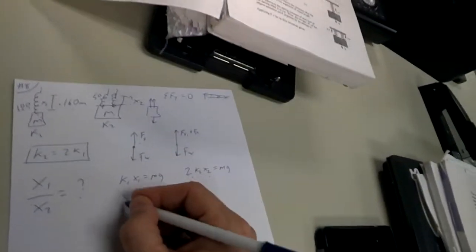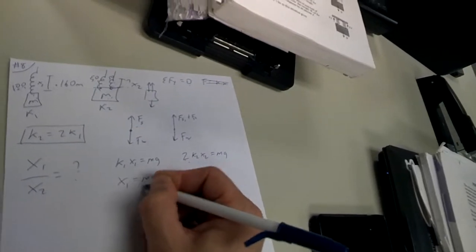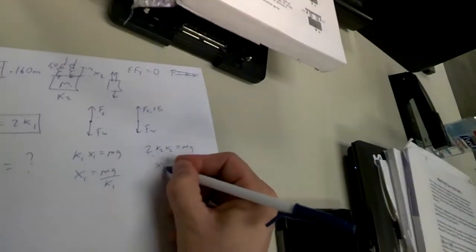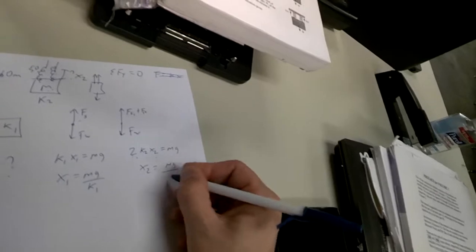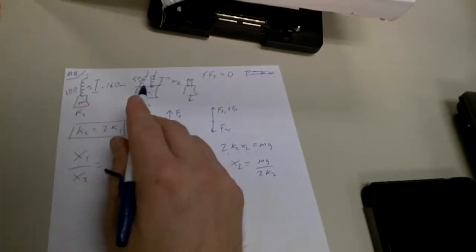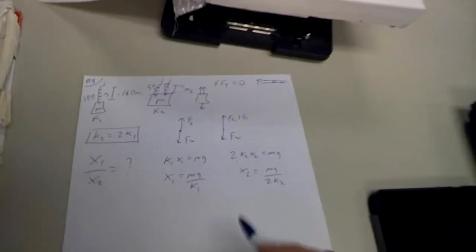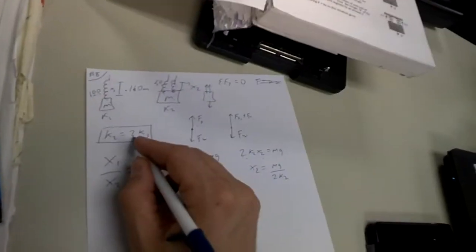Now I'm going to solve those for x. So x1 equals mg over k1. x2 will equal mg over 2k2. And remember, even though these are the same materials, they have different spring constants. The spring has effectively changed. Same materials, just different length, and you get a stiffer spring. We'll use that in a minute.